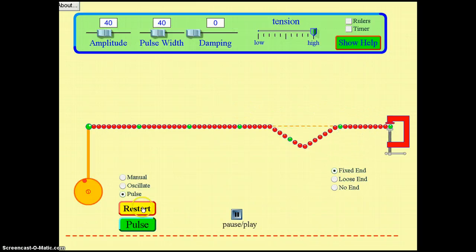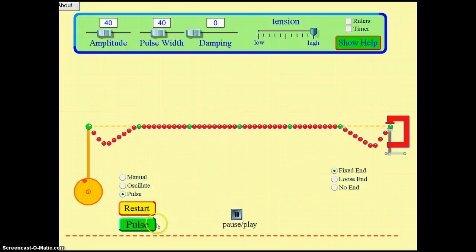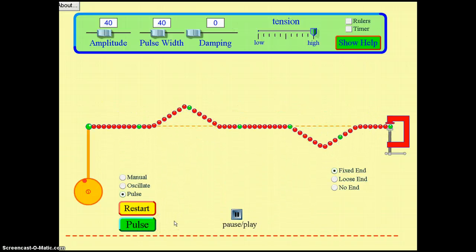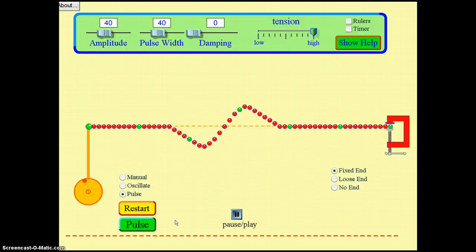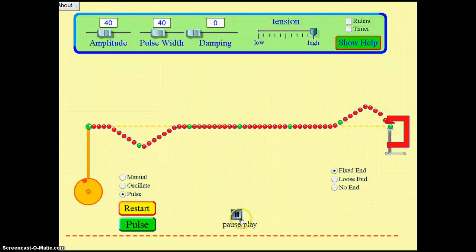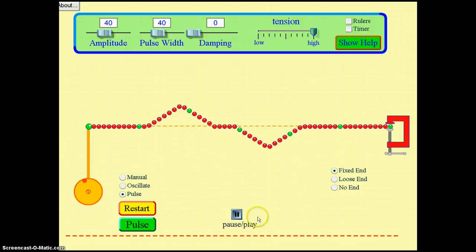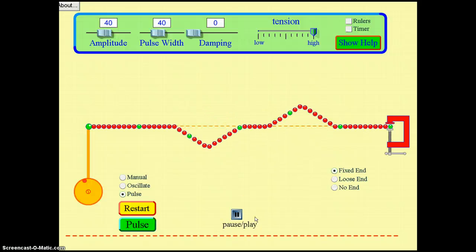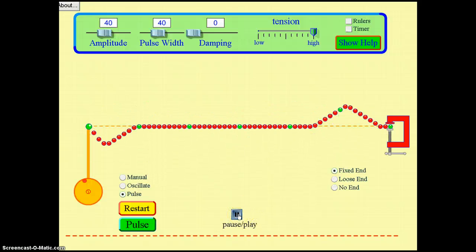Okay? Now if I time it just right, I sent another crest to the right while the trough was coming to the left. And what's happening here is that as the energy is passing through each other, we get some constructive and destructive interference happening during that.